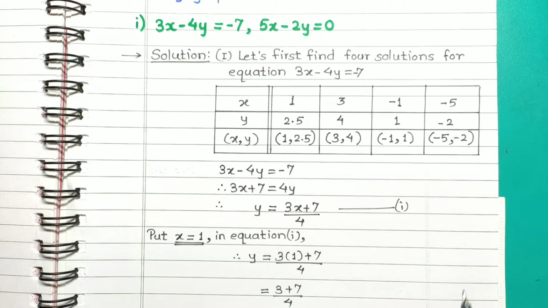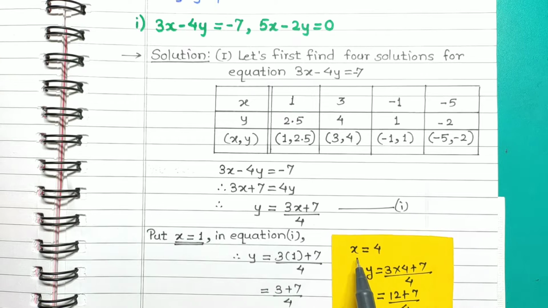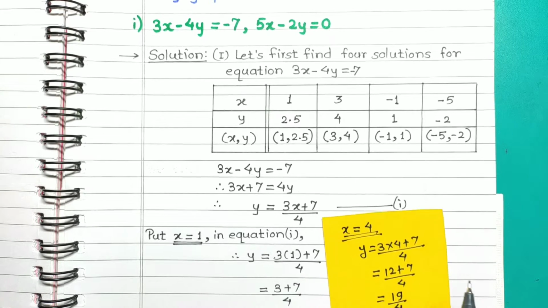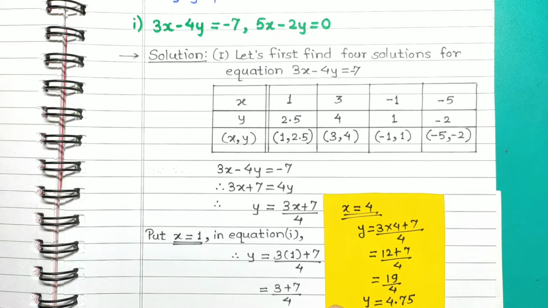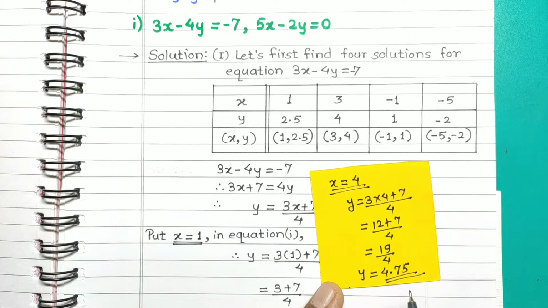Students, see here, I put the values of x quickly one after the other, but sometimes you may come across a calculation like, if we put x is equal to 4, we get y is equal to 4.75. So this ordered pair is (4, 4.75).